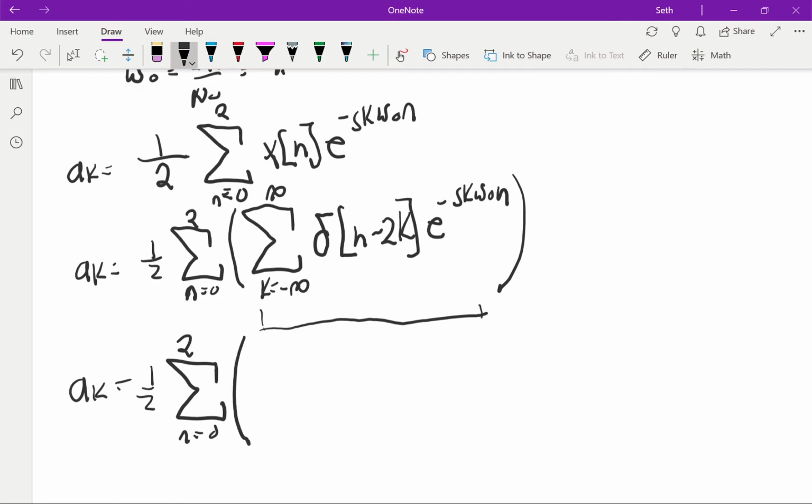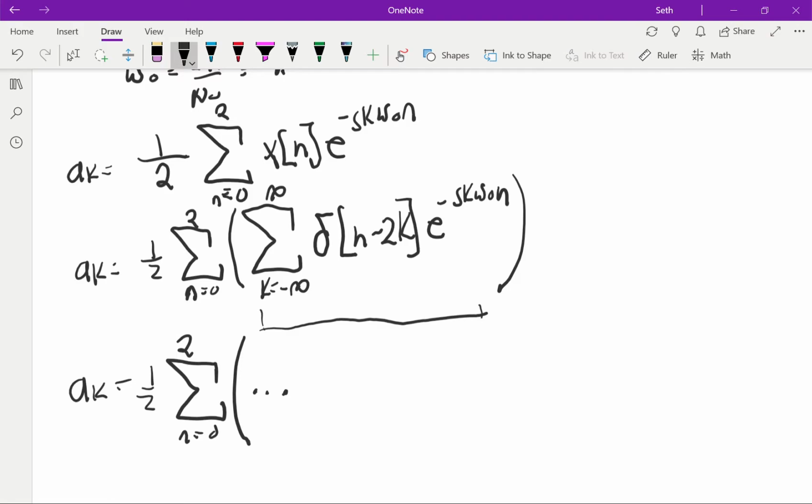gives us this infinite summation of shifted delta functions, and for negative values of k, we're going to get delta functions that are shifted leftward.